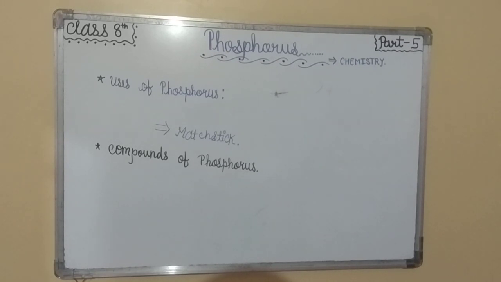The reaction formed is P2O5 plus H2O gives 2HPO3. Second, with hot water it gives phosphoric acid, H3PO4. The reaction formed is P2O5 plus 3H2O gives 2H3PO4.